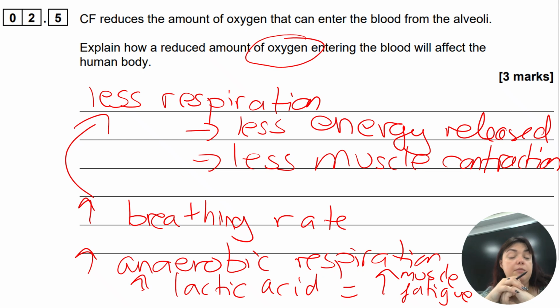Or you could say there's less muscle contractions because there's less energy released. And then you could talk about oxygen debt. So you could say, well, the end result would be they have an increased breathing rate and an increased heart rate because they're trying to remove that lactic acid that has built up. Okay, so there are 2 different ways that you can approach this question. Talk about less aerobic respiration, or you could talk about increased anaerobic respiration.